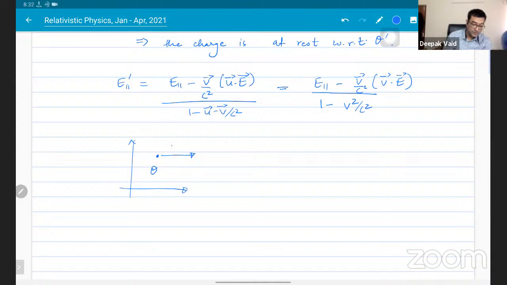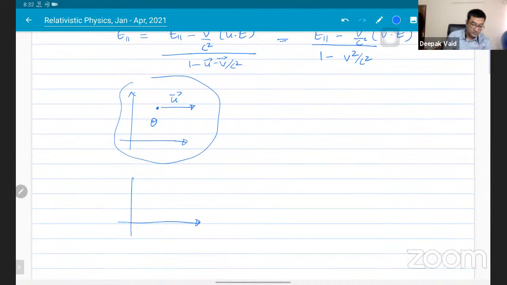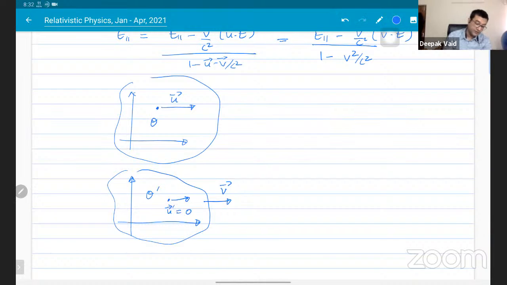Now I'll draw the O prime. O prime is moving with respect to O with the velocity V. And so that means that U prime is 0. Now there is some electric field here, E.